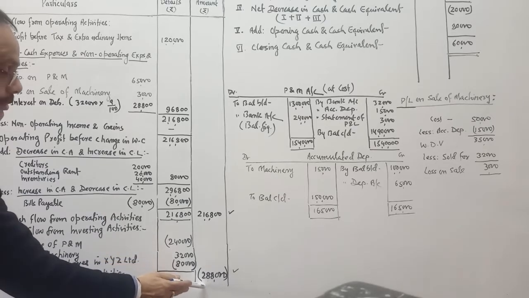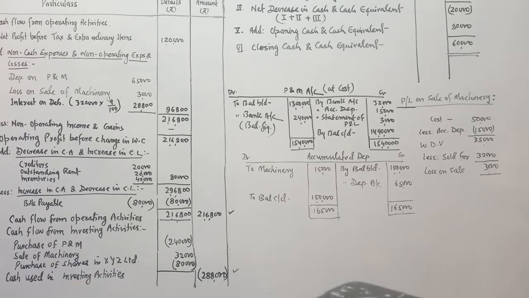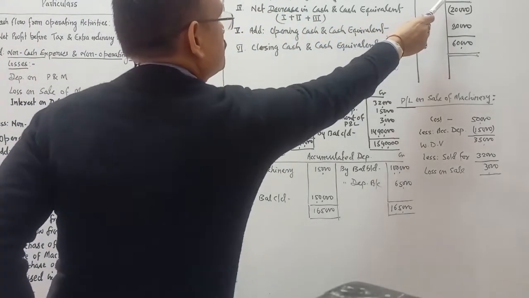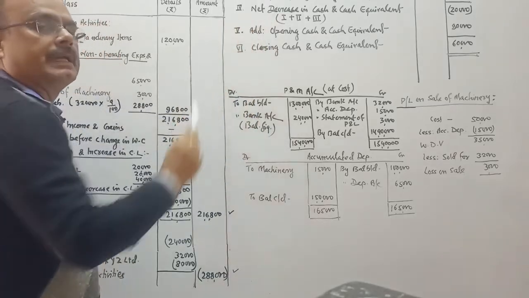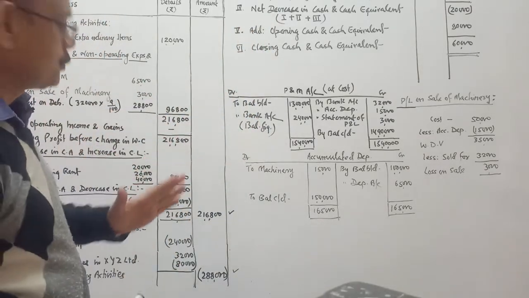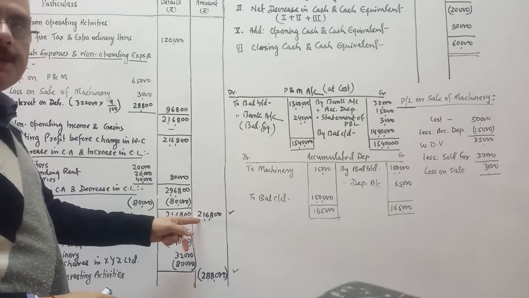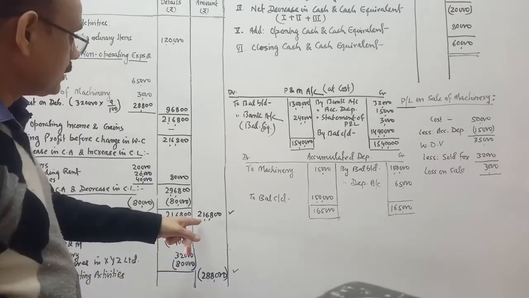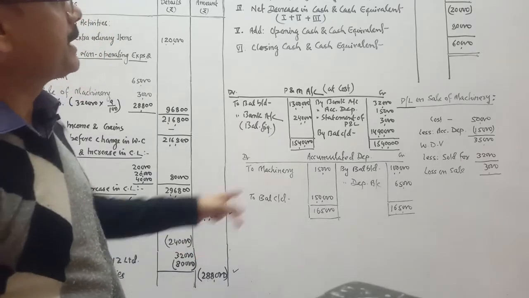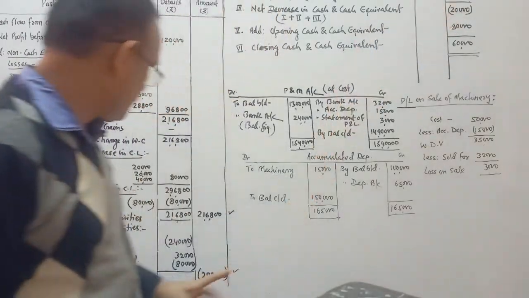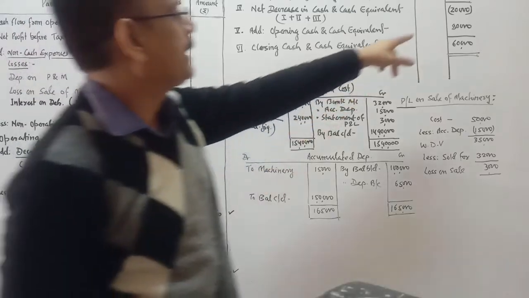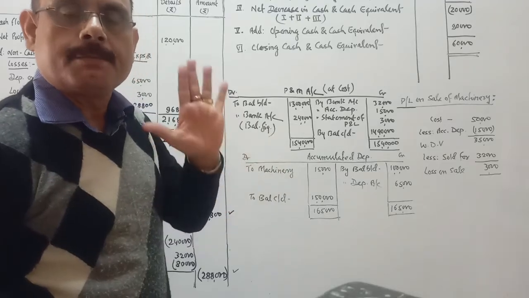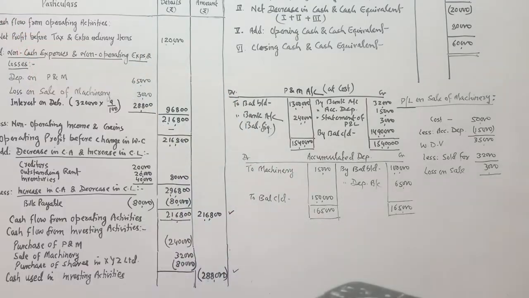This is within the bracket, cash used. And the third one is cash flow from financing, 51,200, which is an inflow. So in two activities there is an inflow and in one activity there is an outflow. So add 2,16,800 plus 51,200 and minus 2,88,000, you will get this figure: 20,000 net decrease in cash and cash equivalent. Minus is more than plus.